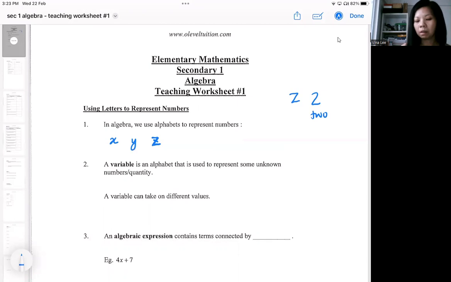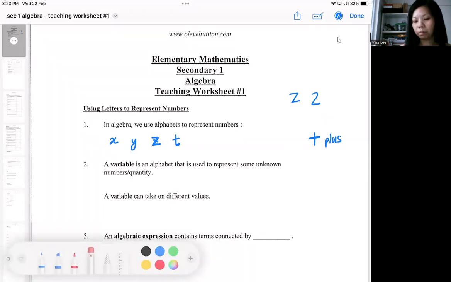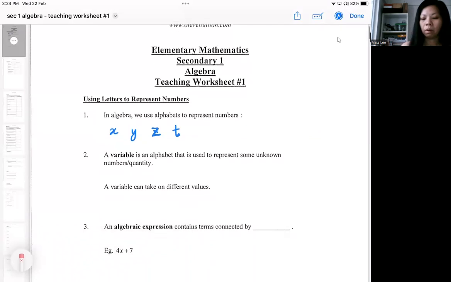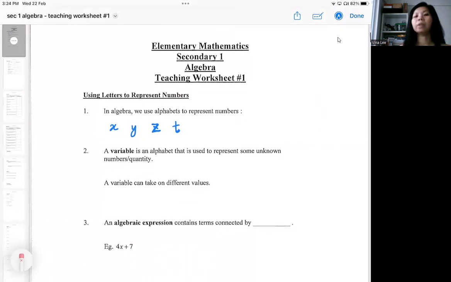Another algebra alphabet that we will always use is the letter T. If you look at the way I write T, I try not to write it like this because it will be confused with the plus sign. So there are certain things that we don't want to confuse with numbers or the multiplication or operation sign.